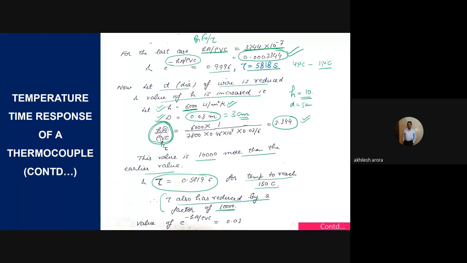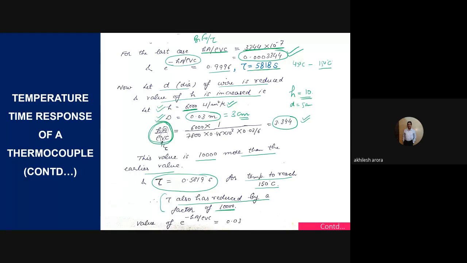But in case of the thermocouple bead, where there is a joint of the two wires, the diameter could be 1 millimeter or even less than that. That is to be checked.